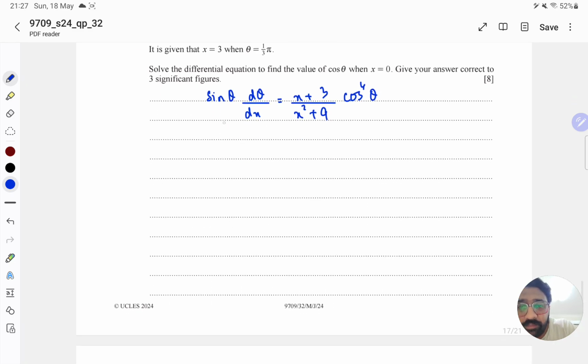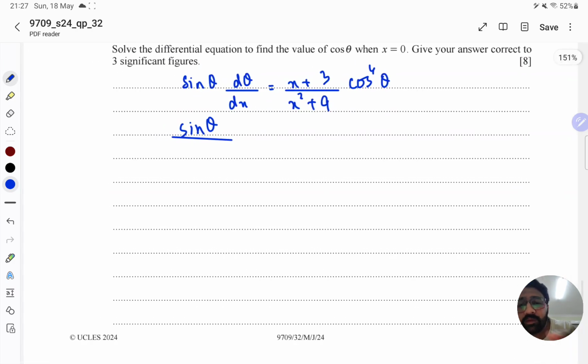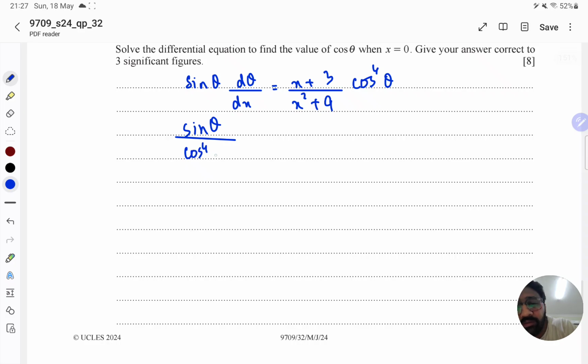It will further be sine theta over cos 4 theta into d theta. I'll take the dx to the other side. It will be x plus 3 over x square plus 9 dx.